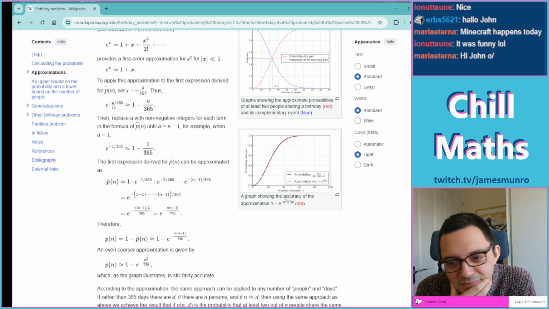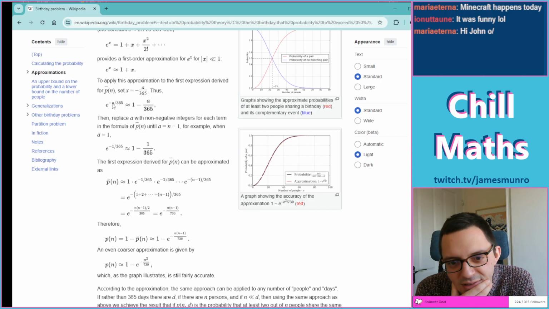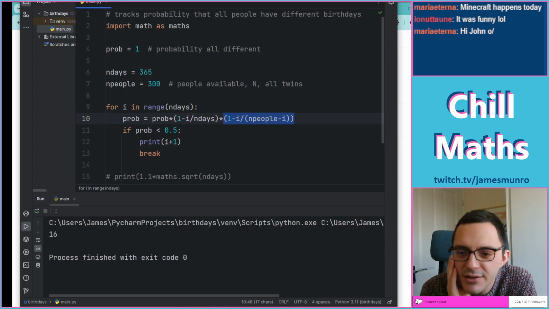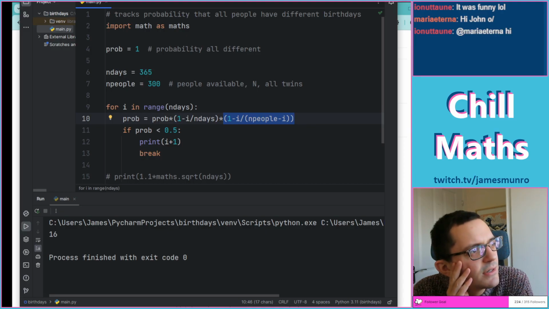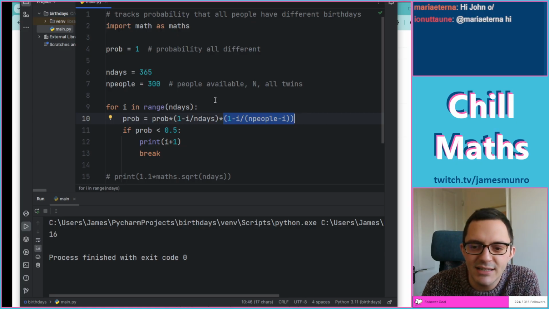Right. Let's see. Can I still get away with this? I'm going to vote for no. I can't get away from this. I would need to add together a whole bunch of terms. So adding together these things is not too bad as an arithmetic sequence.